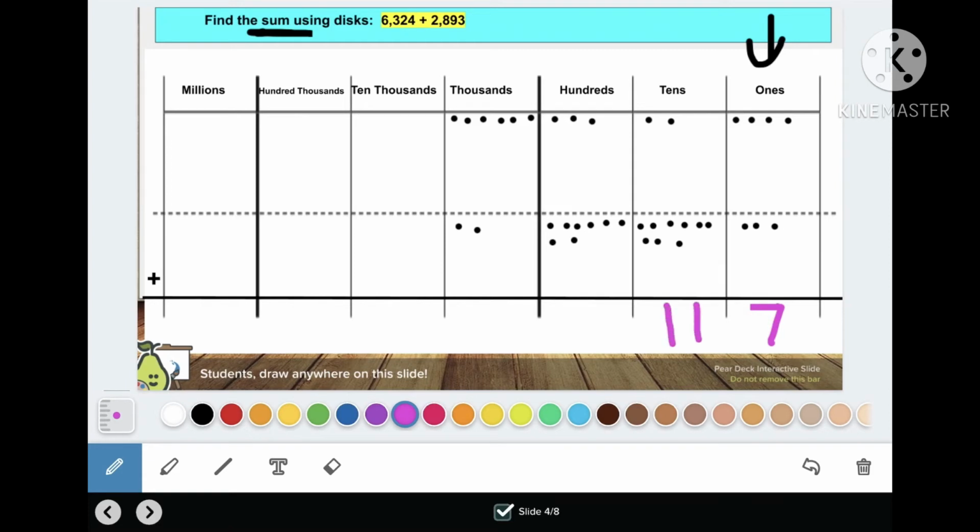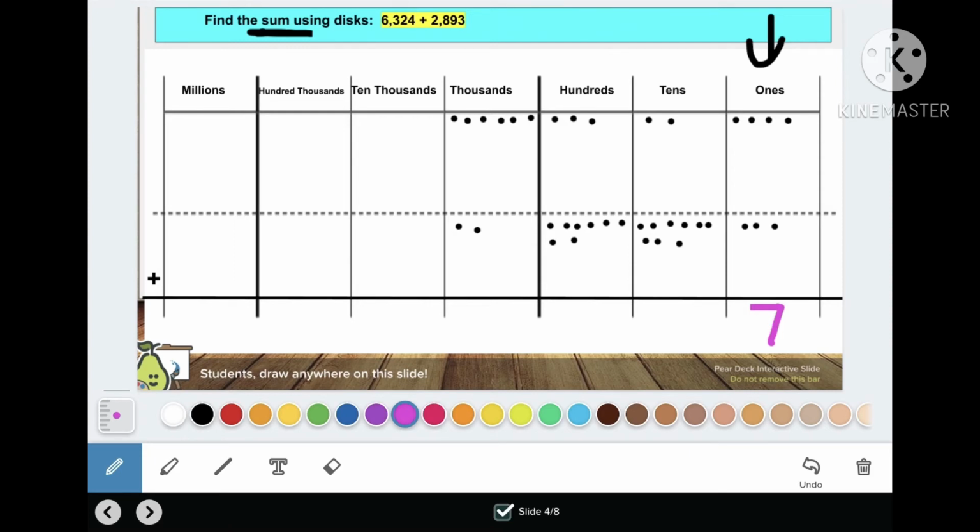But can I put 11? No, that's crazy. I can't do that. Instead, what do I have to do? What do you think I have to do? Think back. I have too many discs, so what do I need to do? It starts with a B. Yeah, that's right.